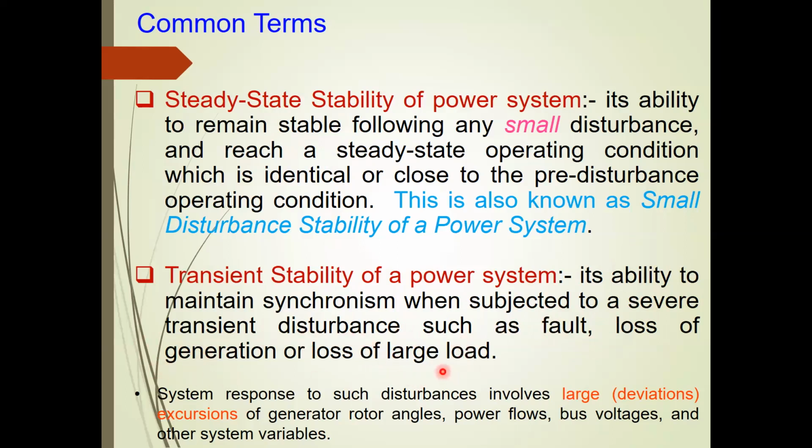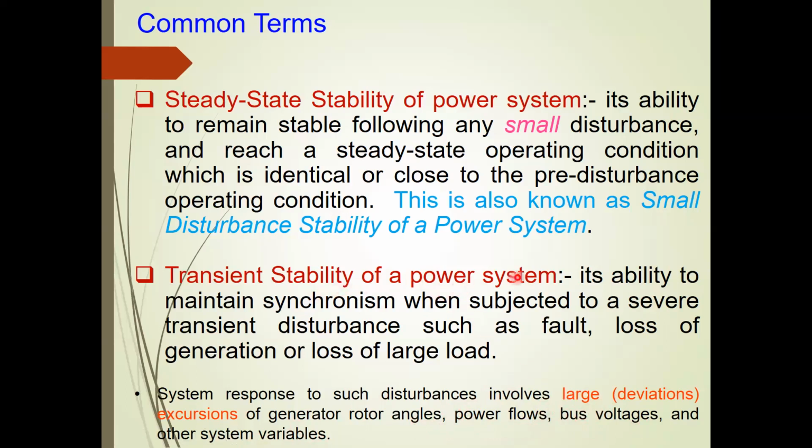Because of a large disturbance, you have large deviation in the frequency, you may have large deviation in the angle, a large change in the power flow in the line, the bus voltage, and other system variables.